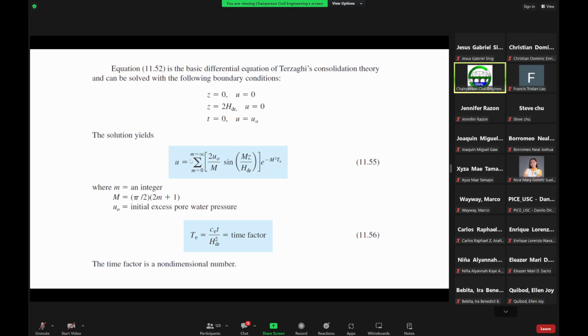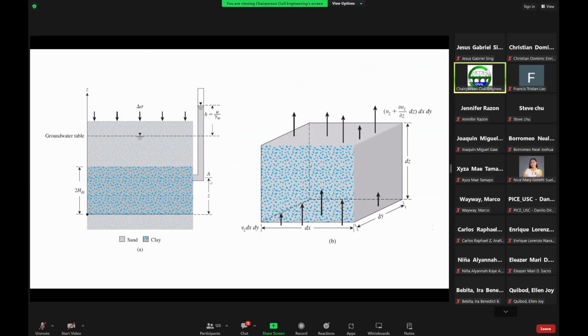Here, M is an integer from 0 to infinity. U sub O is the initial excess pore water pressure. And M here is equal to this formula here. Z is your distance from the bottom of the clay layer.